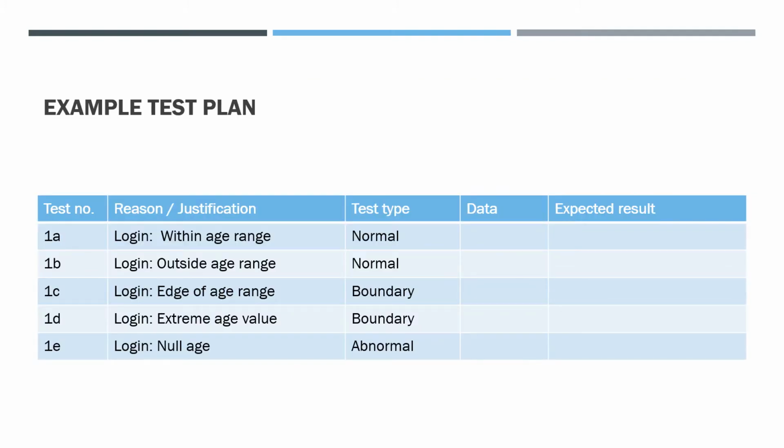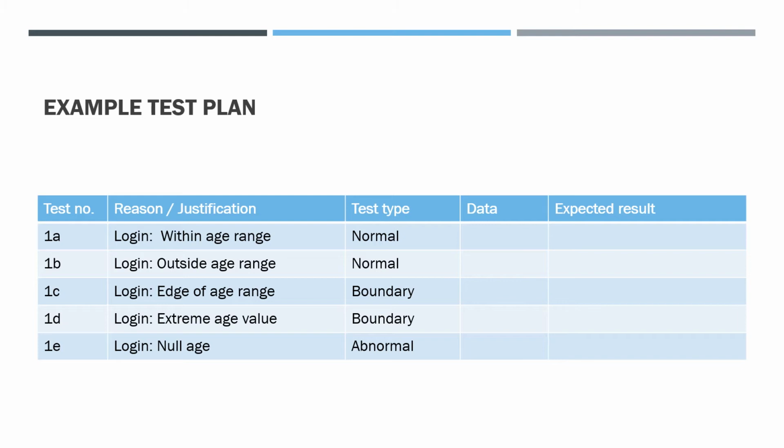So here's an example. I haven't filled in the final 2 columns yet. Here's an example of a test plan. In this example, the user is testing the login system, and in this software you've got to provide an age, and you have to be within an age range in order to log in. And so we will have normal data, which is just ages in or out of the age range.